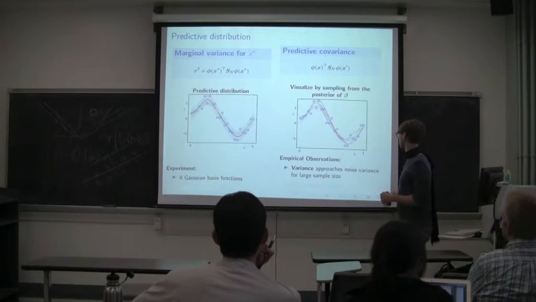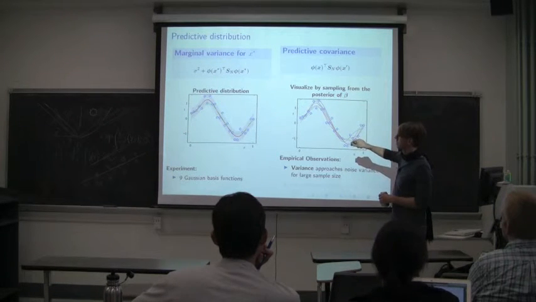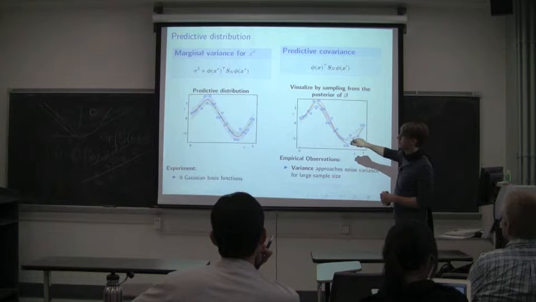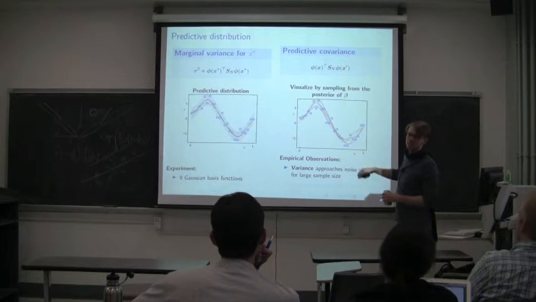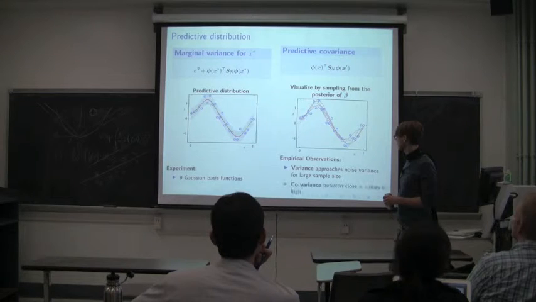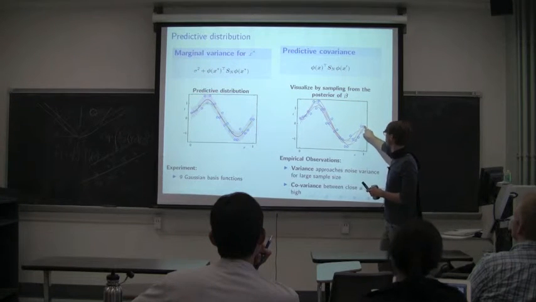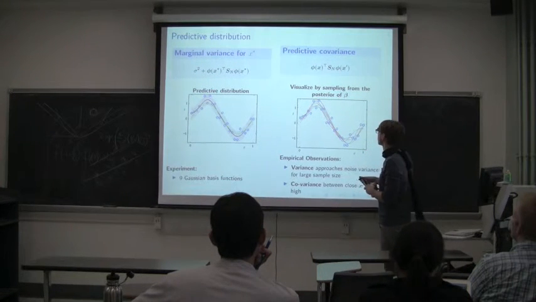So variance approaches the noise variance for large sample sizes. Basically, the shaded area is just sigma squared in the end, and the covariance between close x values is high. Whereas the covariance between this x value and this x value is probably not very high.